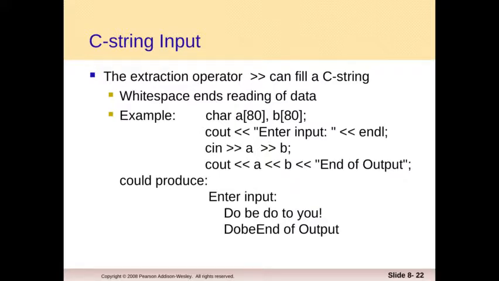So if you tell the user enter input and then the user enters doobie-doo to you, and you have extraction of two C-string variables, then you get the do into the first and the b into the second, because the spaces between act as delimiters. They chunk up the input. And so this is maybe not exactly what one would expect.